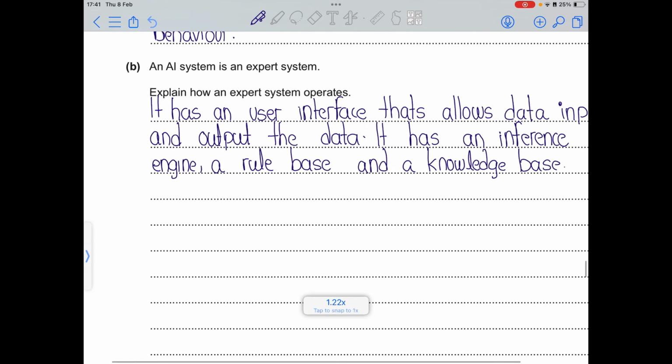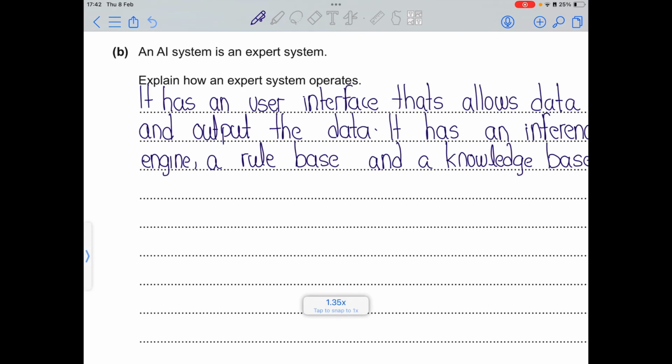So basically, one of the characteristics of how an expert system operates is that it asks you a series of questions, and by applying the rules to the knowledge it already has using the inference engine, it can then provide you with conclusions. The questions asked depend on your previous output. So it's basically like a stepped approach. Let's say you answer in a certain way, that will lead to the next question being asked, which is related to your previous answer.